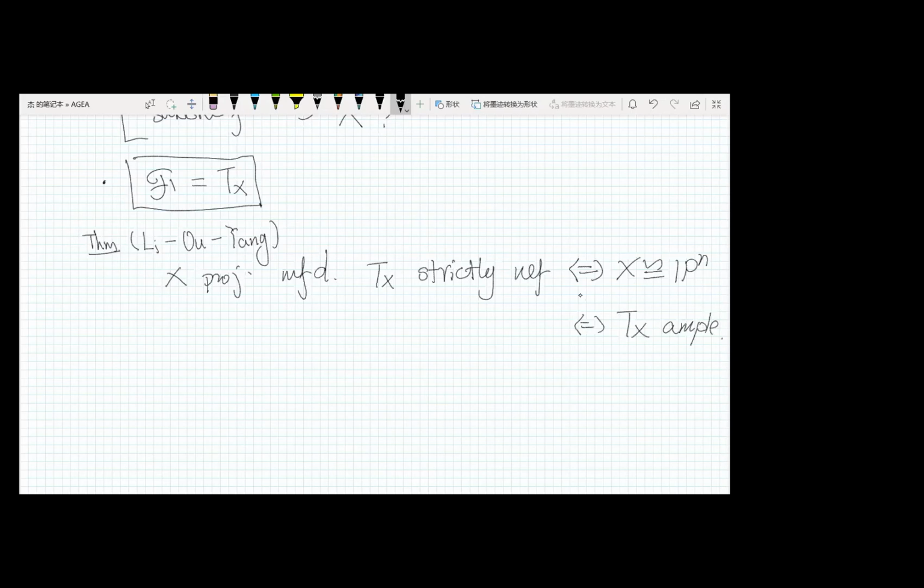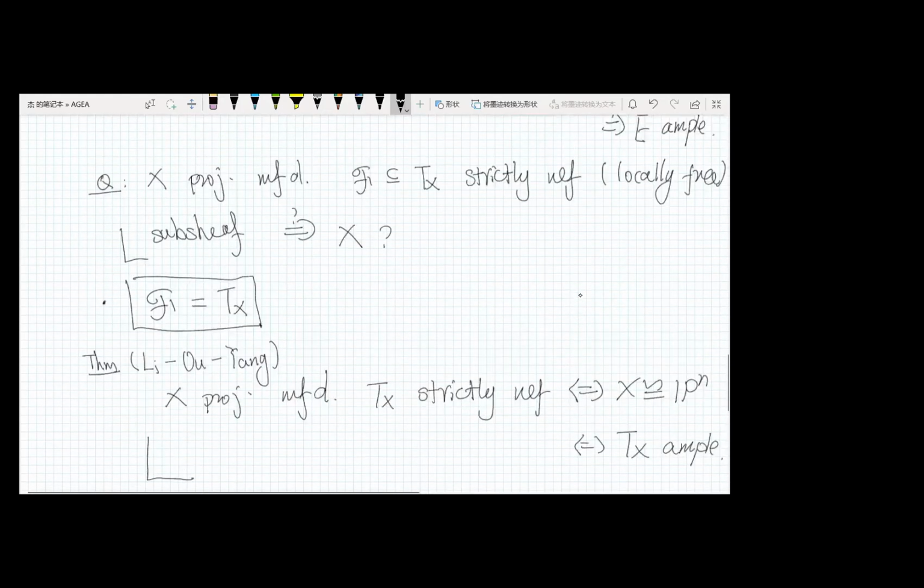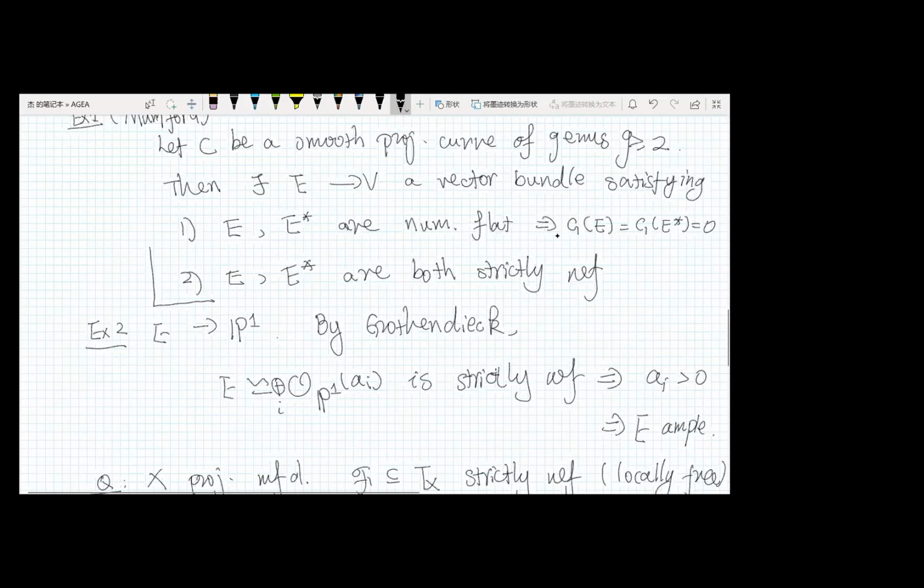So for a projective manifold, the tangent bundle is strictly nef if and only if it is ample. This is very special because we have seen from the example of Mumford that this is not true for a general vector bundle.